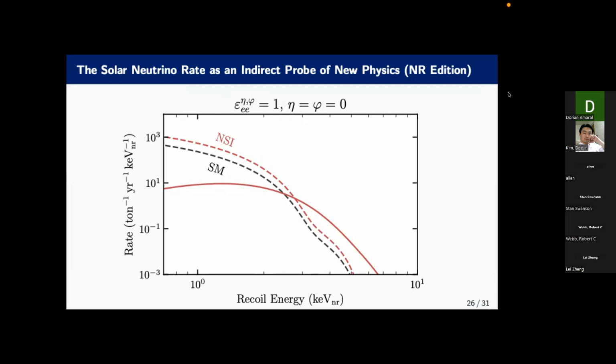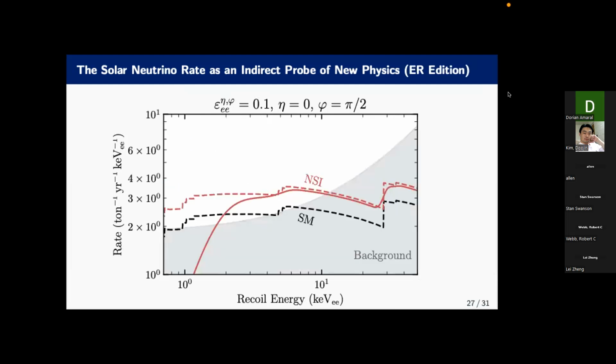It's a log scale, so you're already down to like percent levels. But in the electron channel, because this is electron equivalent energy as well, it's a different thing, it's difficult. Okay, that's a good point, because it looks kind of counterintuitive.